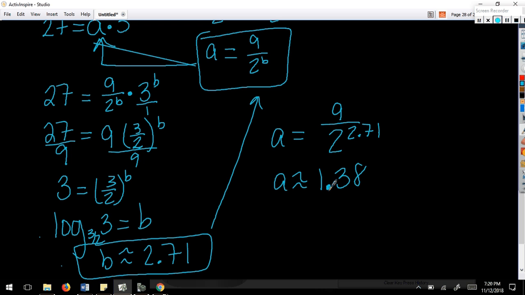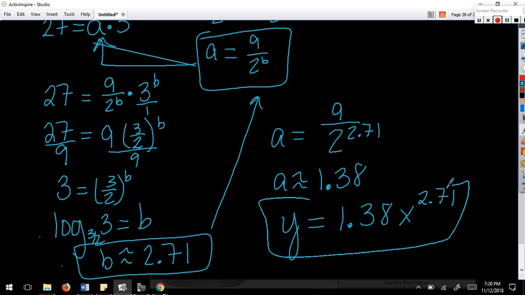And so my equation would be y equals A times x to the b. Okay, good job, guys.